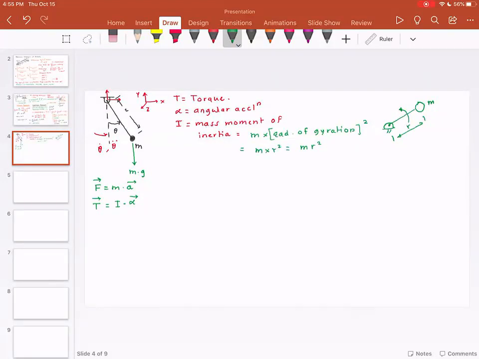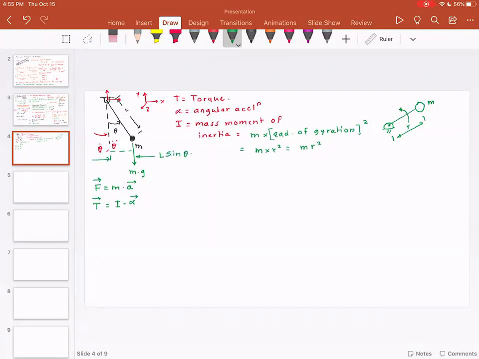So let's apply the same technique. Look at the external torque acting on this system. The external torque is m times g multiplied by the torque arm, which is L sine theta.